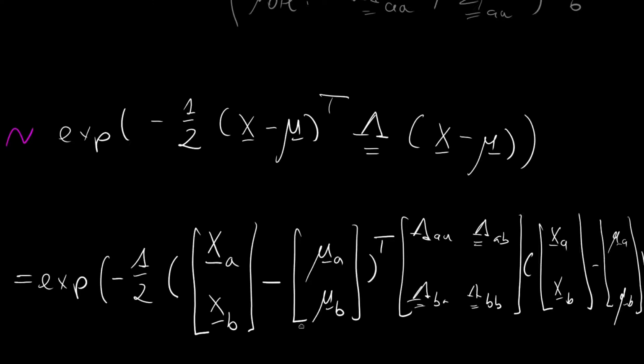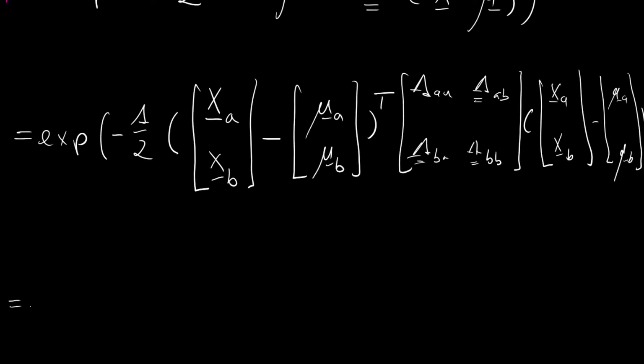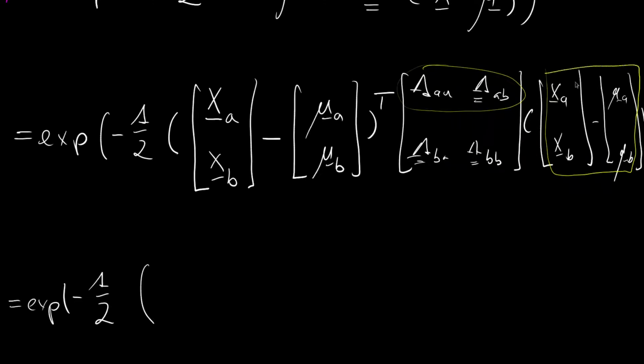And in the next step, we will now evaluate all the products that appear in here. So this works as follows. I will have the exponential of minus 1/2 here again. We know that the vector matrix vector product is evaluated as follows. If we just consider this matrix vector product here in the end, we know that we get vector minus vector, which is a vector. So basically we would do the first row of the matrix multiplied with the difference in these two.